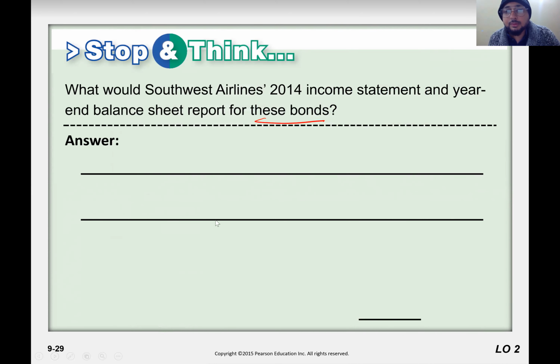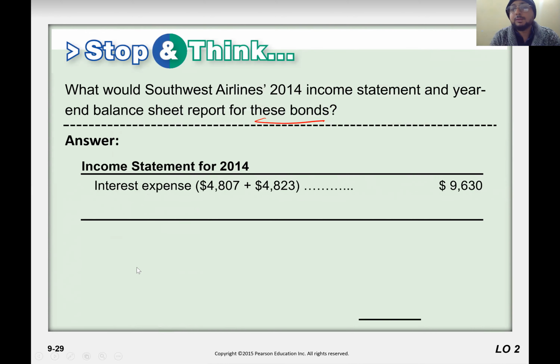So here we go. This is a partial income statement. So total interest expense is going to be... So that's why I was telling you, profit is different from the cash, because in the income statement, when we calculate the profit, we enter interest expense, and interest expense is based on the market interest rate, right?